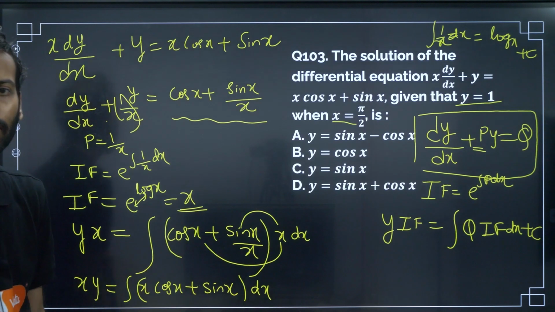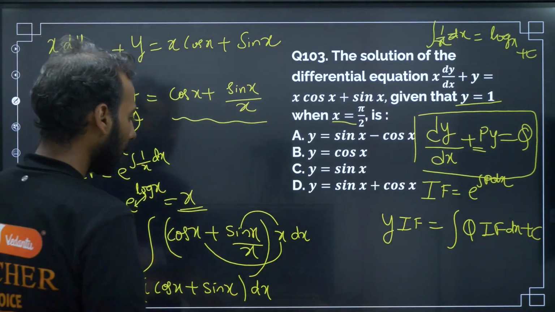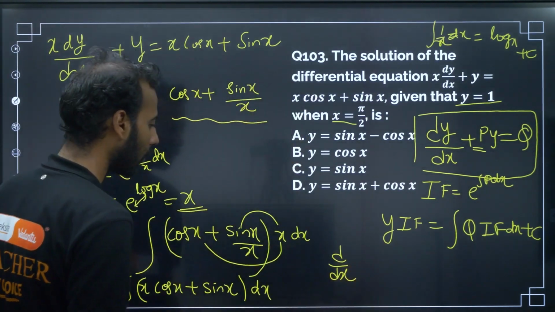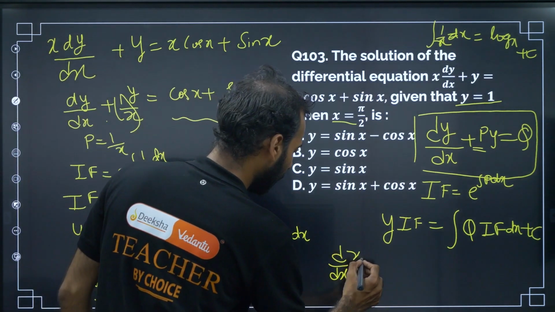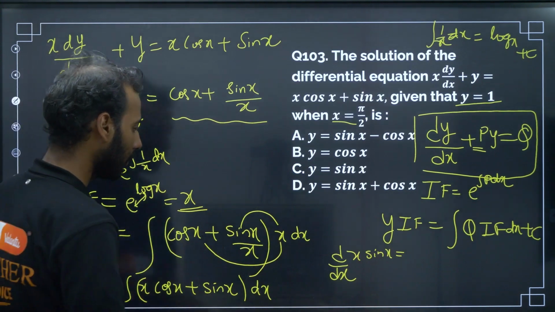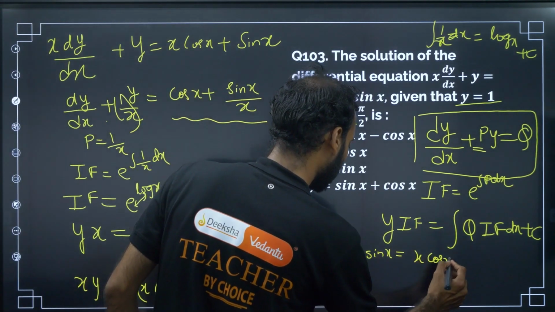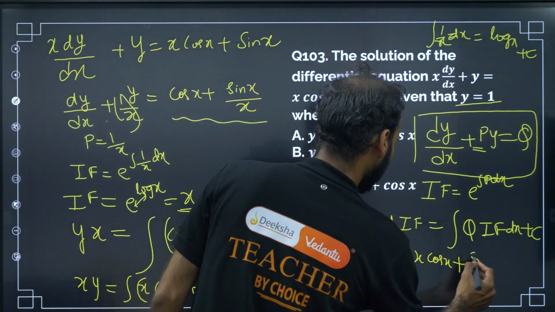We can go for solving this integration, or else I have one more idea. That idea, in the sense of a shortcut, is the differentiation of x sin x. Differentiation of x sin x is x cos x plus sin x.